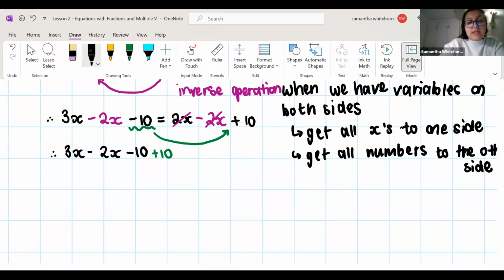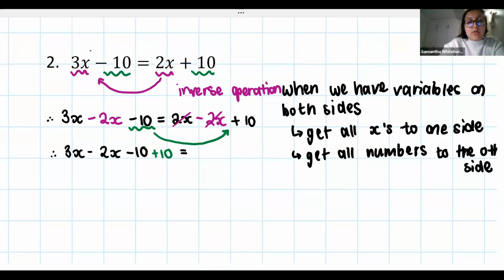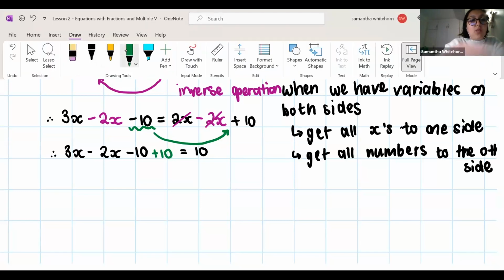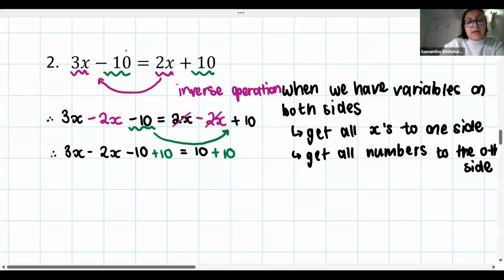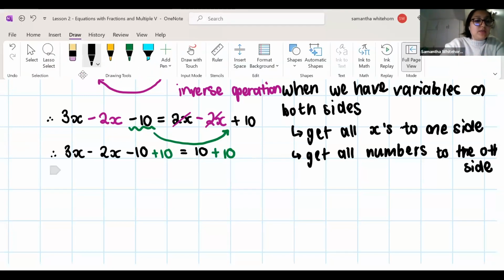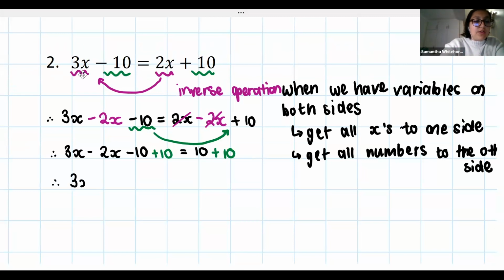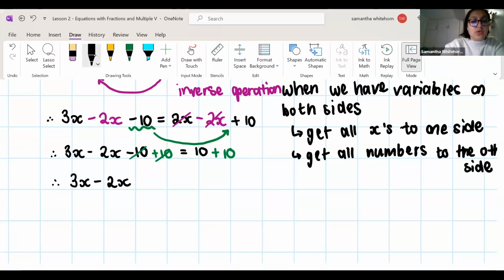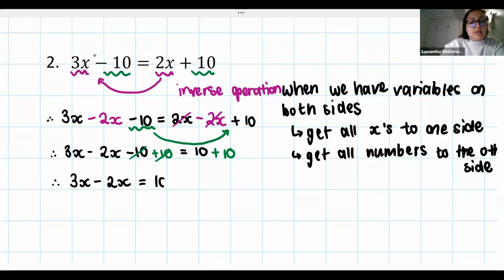We've already discussed that the 2x's cancel, so I've got no x terms on the right. But I do have the 10 still, and what I do on one side of my equation, I need to do on the other side. When I simplify this, I've got my 3x and my minus 2x on the left. The negative 10 and the positive 10 become 0, but the 10 is brought over to the right. And so I've got 3x minus 2x is equal to 10 plus 10.